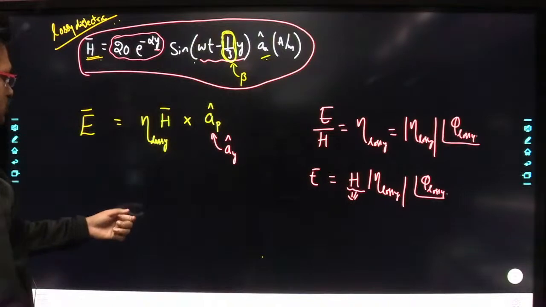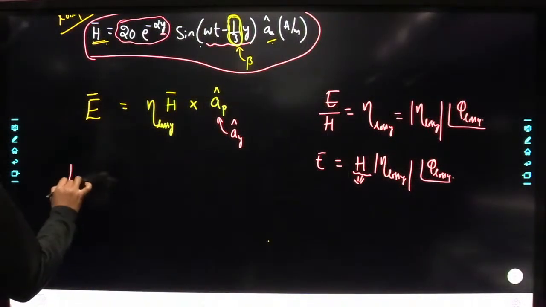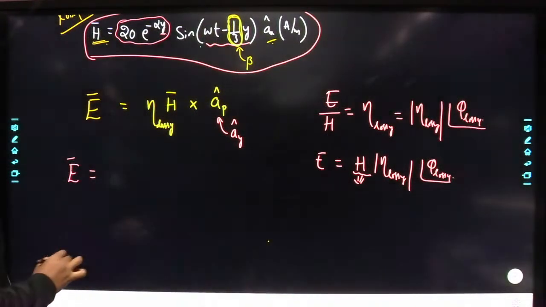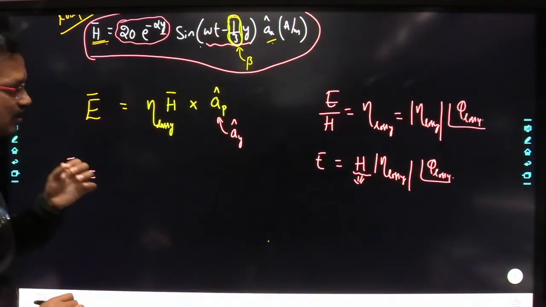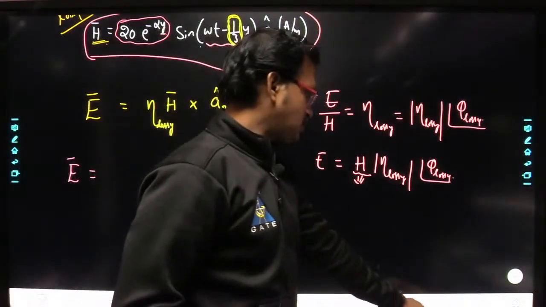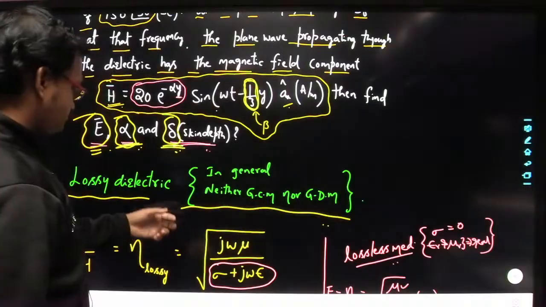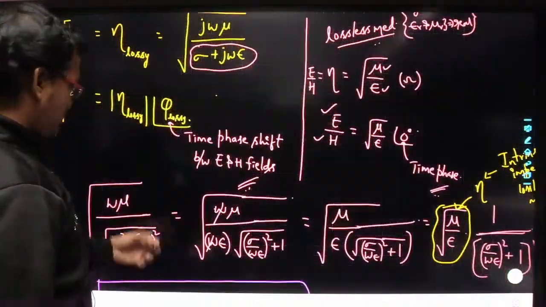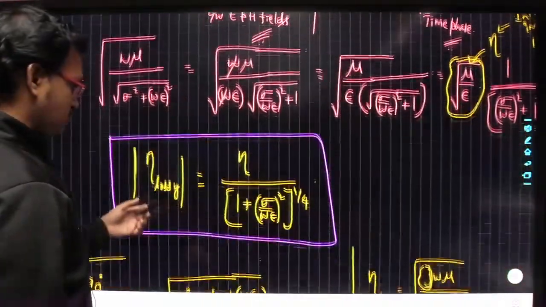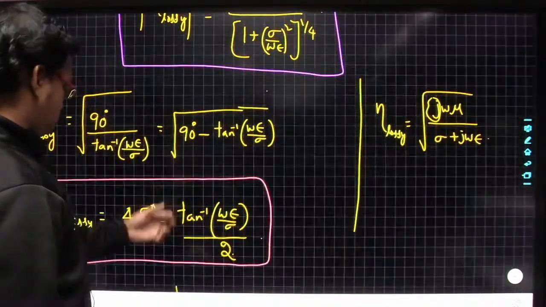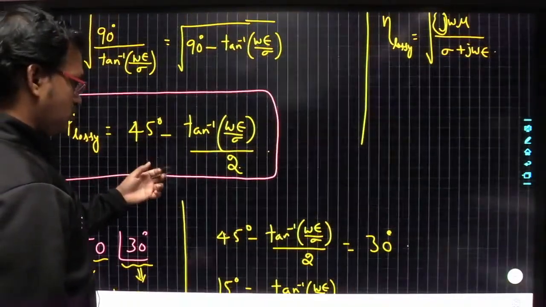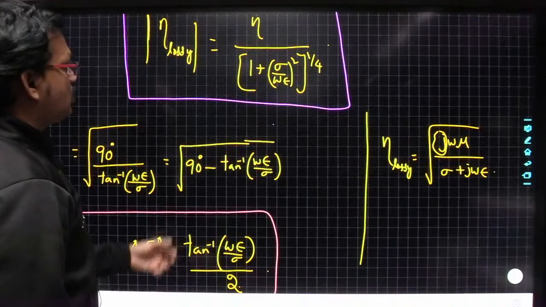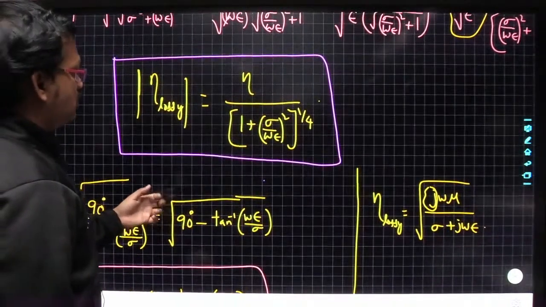So now see here, E bar is equal to, so what is the magnitude of eta lossy we got? We have not determined it.